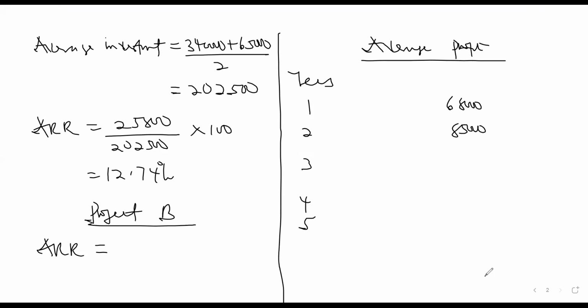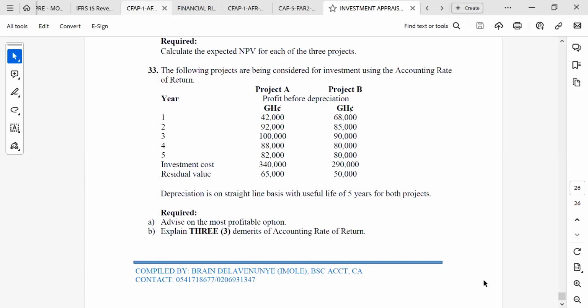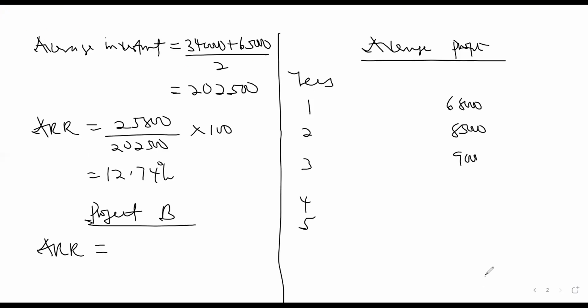The third year is what? 90,000. Okay, 90,000, 80,000, and 80,000. Okay, what will be the total profit for the 5 years? 403,000.